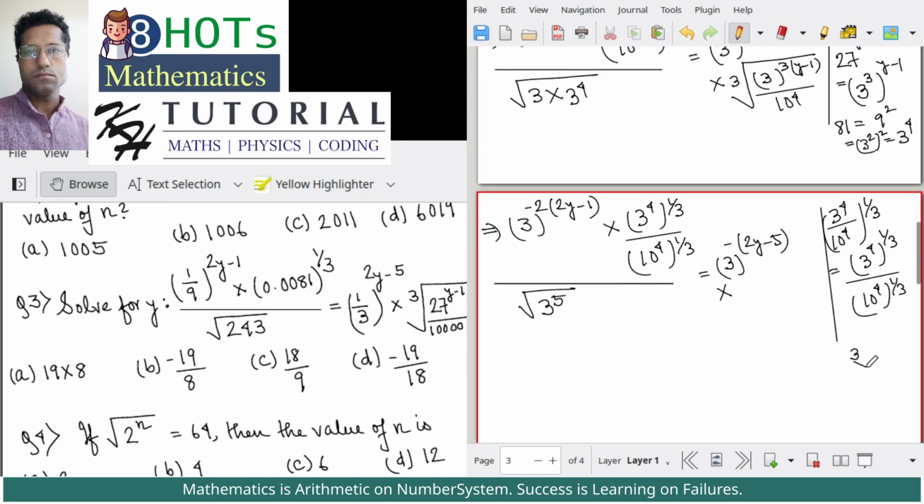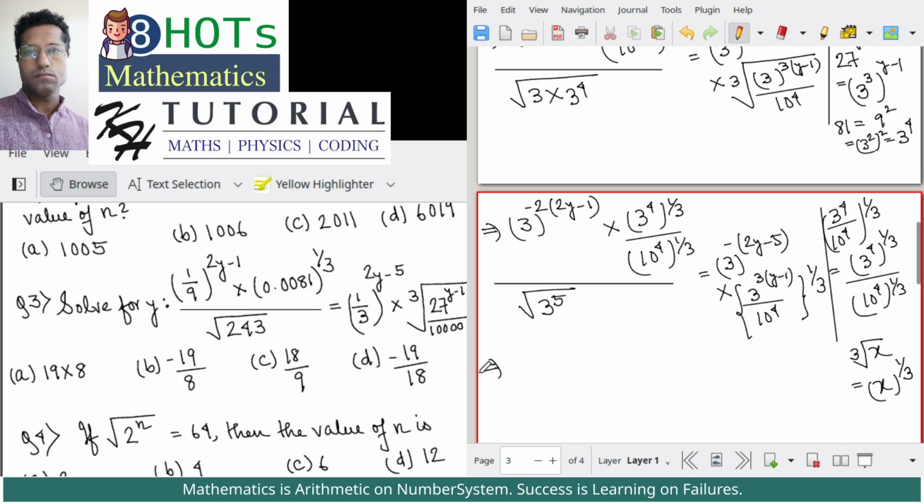Cube root of any number x is nothing but x raised to the power 1 by 3. So on the right hand side we will have 3 raised to the power 3 y minus 1 and divided by 10 to the power 4, this whole will be raised to the power 1 by 3 because this whole expression is inside cube root.